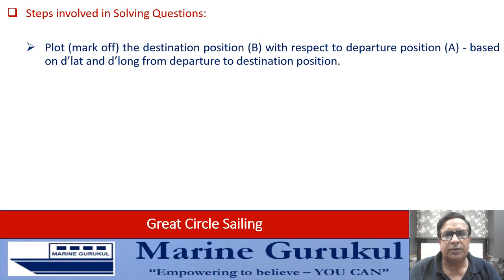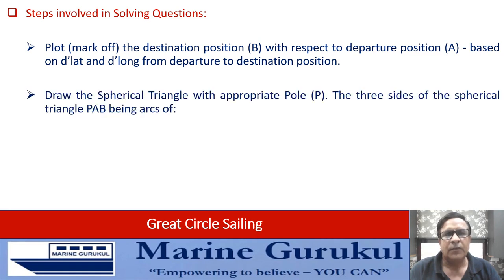Likewise, we evaluate the D long from departure to destination, that is from A to B. If D long is east, then B is plotted east of A, and if D long is west, B is plotted west of A. So based on names of DLAT and D long, we mark off position B with respect to position A. Then we make the spherical triangle with the appropriate pole.